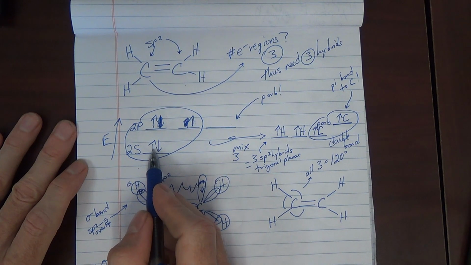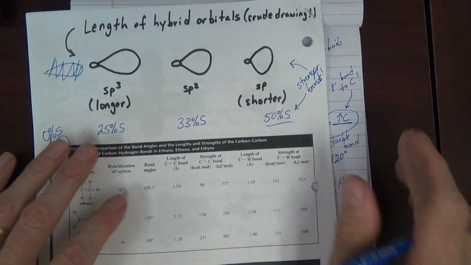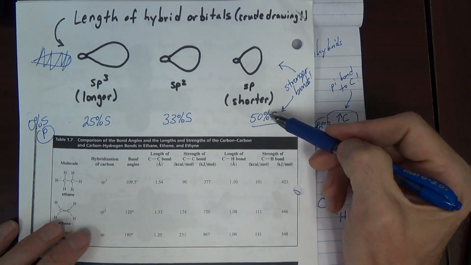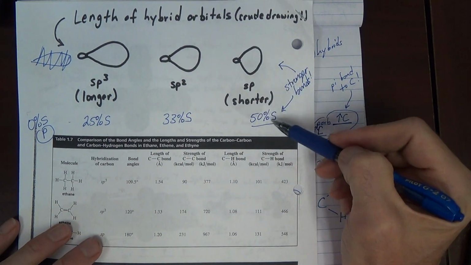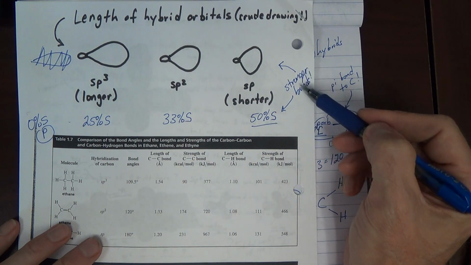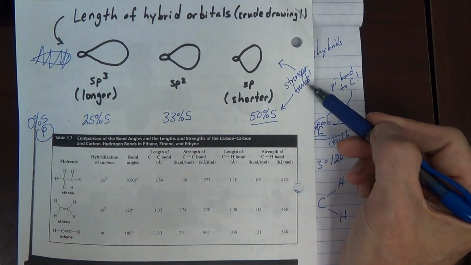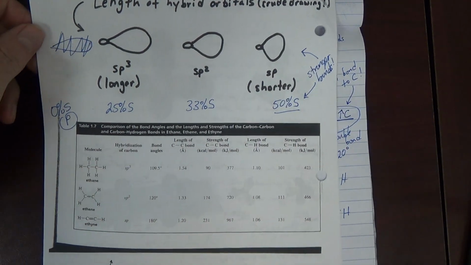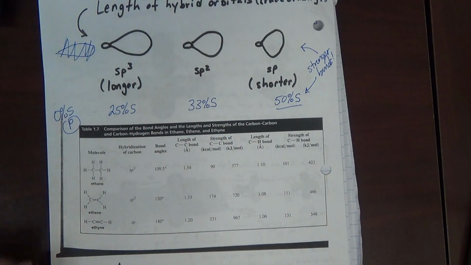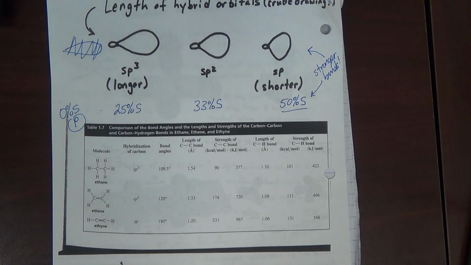Lower energy electrons are going to make more stable bonds. All right? The more s character, the lower in energy the hybrid is, and thus it's going to make stronger bonds. And shorter bonds. And typically shorter bonds are stronger. I don't know if that's always the case. Okay.